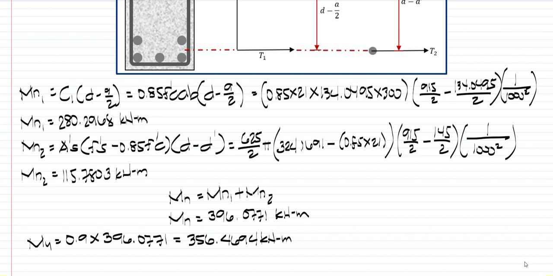And as you can see, yung ultimate moment capacity ng ating beam is much greater than our actual ultimate moment, which is 320 kilonewton meter. Therefore, yung design beam natin is safe.